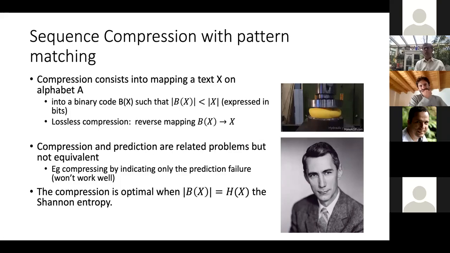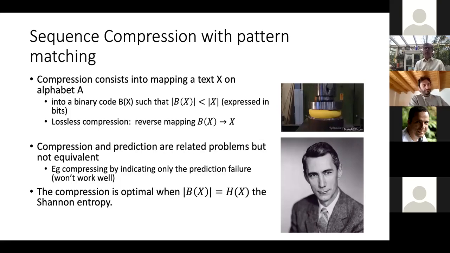In fact, it won't work well because you will have too many failures, and this will give you a too large binary code. The compression is optimal when the length of the compressed code is the entropy. In fact, the entropy is the absolute lower bound of compression. You cannot do better.